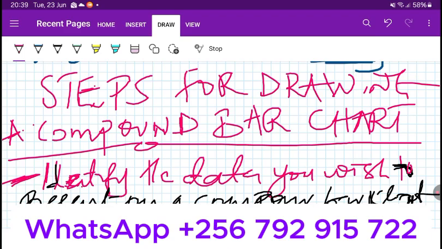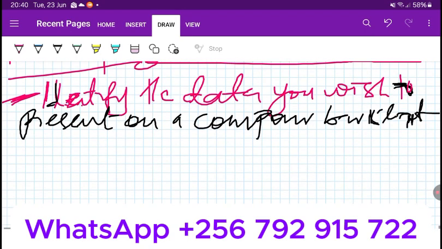So if we have different cities and information about those cities for 3 different years, the ideal graph to present that information will be this kind of chart. You look at the information you have and see what will be the appropriate graph to represent the data.